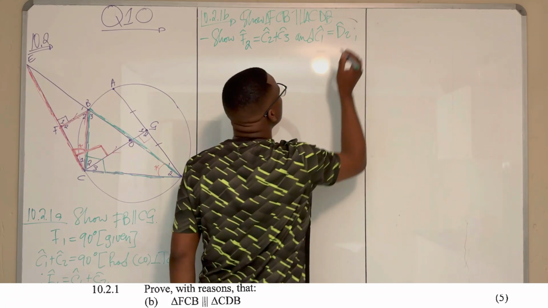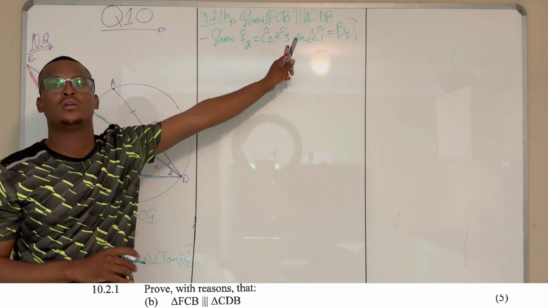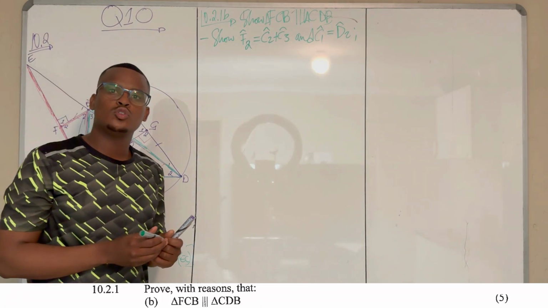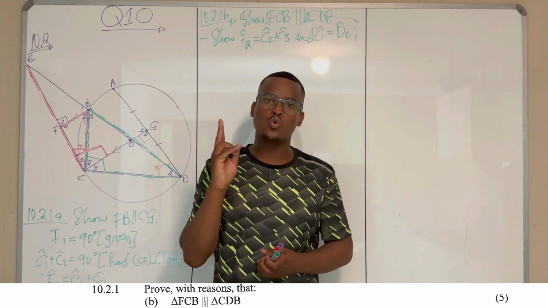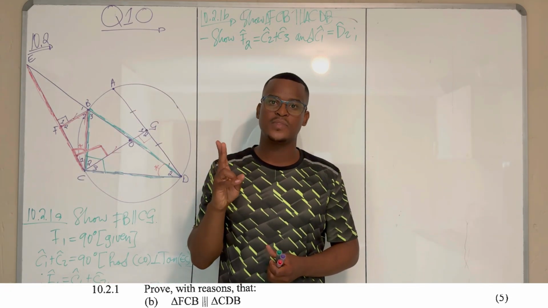So if you've shown these two, that is enough to say the two triangles are similar, because you just have to show 2 corresponding angles are equal in measure, then you are done.